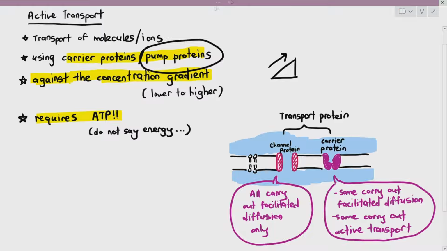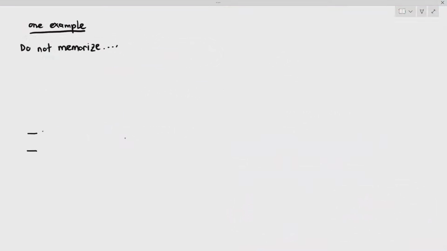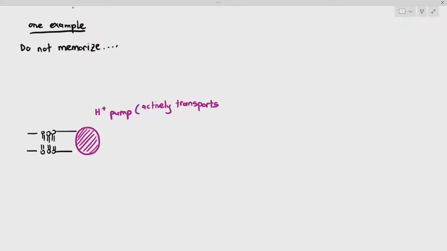You do not need to memorize any examples of active transport yet because we will be looking at them in future chapters. So an example of it is, I'm just drawing out the cell membrane. You can see the phospholipid bilayer, and the purple structure, which looks like a sphere, is a hydrogen ion pump.